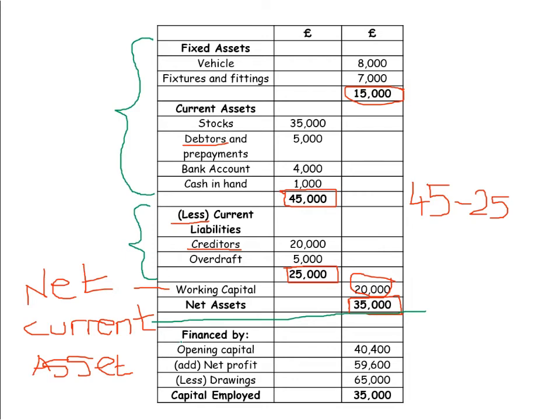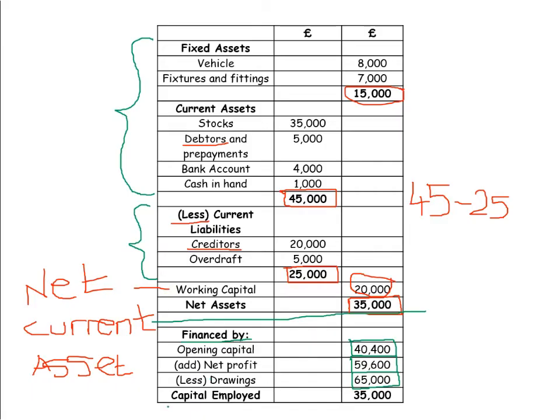Here we have finance by, so this just is pointing out how much money is being invested into the business. So opening capital here is showing how much money's previously been invested. And then if we add in net profit, this was the net profit made, this has come from the profit and loss account. So if we add that in, and then actually this owner wants to withdraw. If you think of drawings as like withdrawings, they want to withdraw some money from the business.